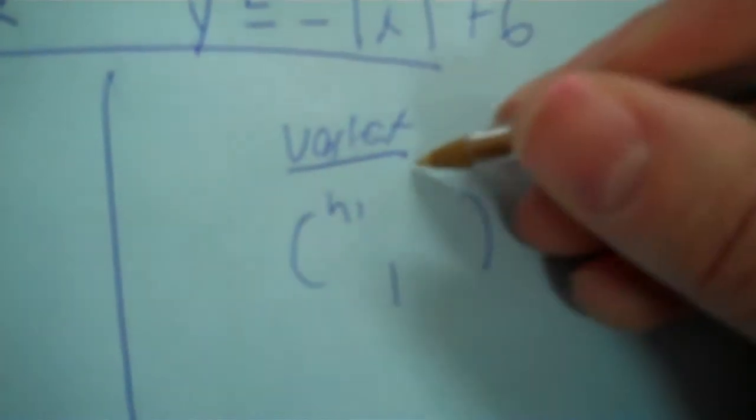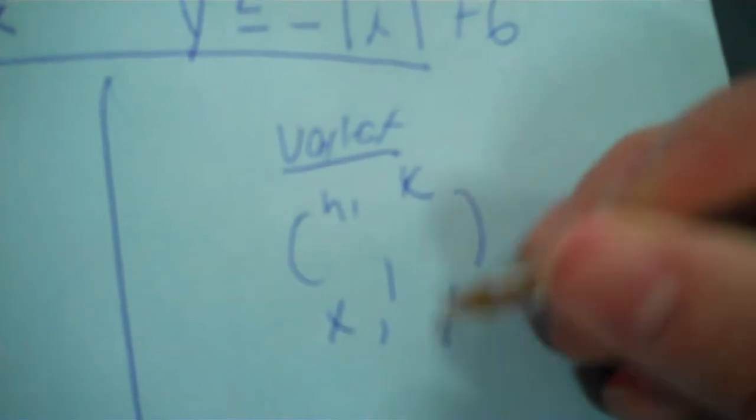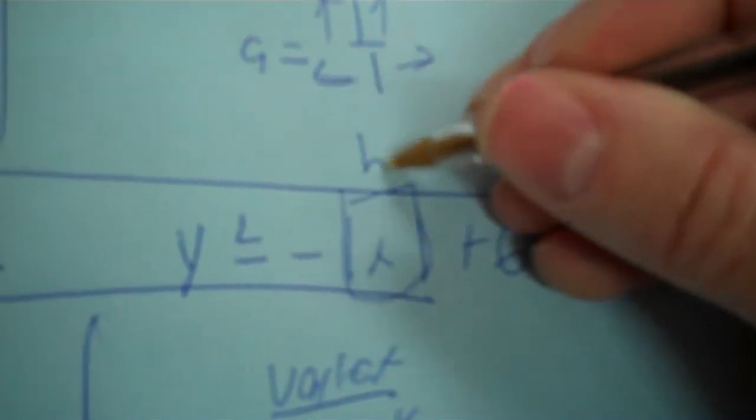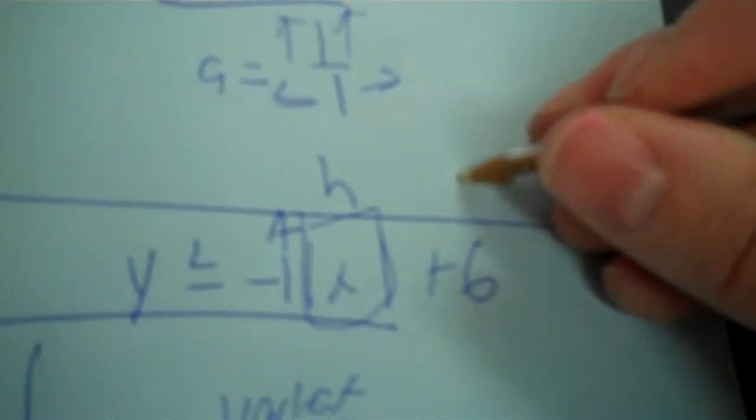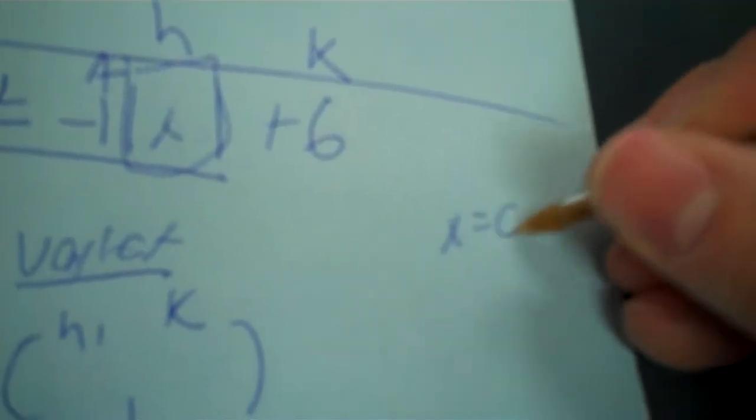Vertex, stretch. Vertex is defined by HK, that's like an XY, and the stretch is your A. So I put the inside of the absolute value, that's your H. If it doesn't have a number inside, that's fine, just leave it empty. But you need an A, and you already have a K. Okay, H, set the inside equal to 0, so it's going to be 0.